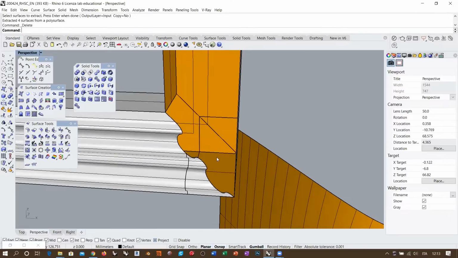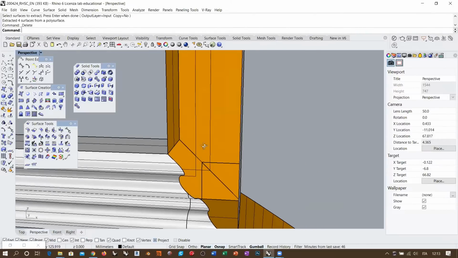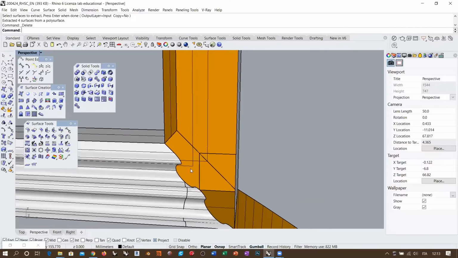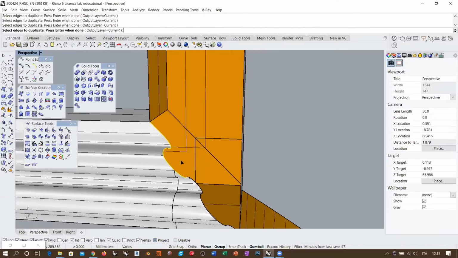But the problem is that as I had this kind of separation here, also in the horizontal part, this is one edge and this is another edge. So I need first to extract these two edges. Oh, and I see that I also have some internal discontinuity because of the fillets, you see? So this is a very, very bad topology.